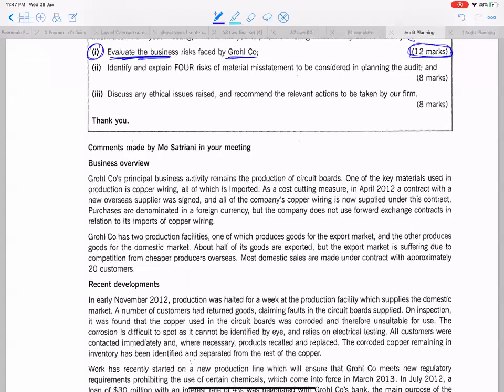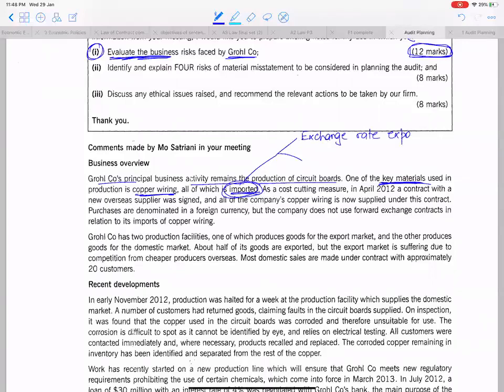Grahal Company's principal business activity remains the production of circuit boards. One of the key materials used in the production is copper wiring, all of which is imported. Now, this is the same risk which I discussed earlier when I was discussing the technique. When we discuss imports, there are two risks.